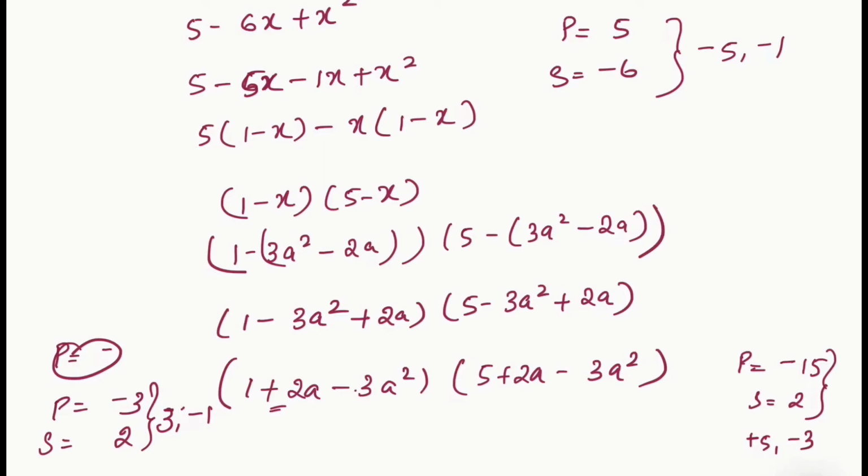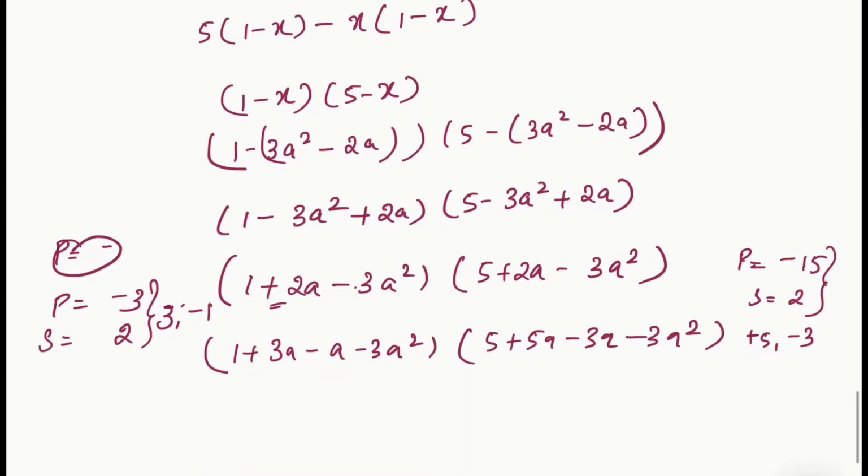Okay. So now let me substitute them. 1 plus 3a minus a minus 3a square, and this side I will have 5 plus 5a minus 3a minus 3a square. Okay. Splitting them, you get what is common here? 1.